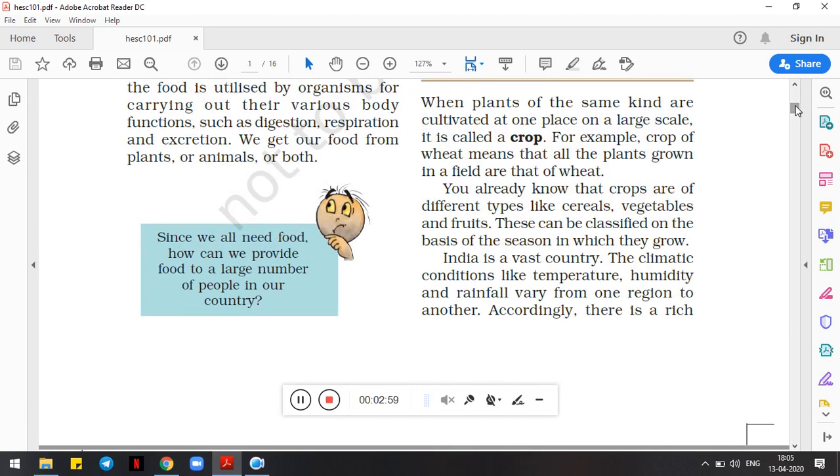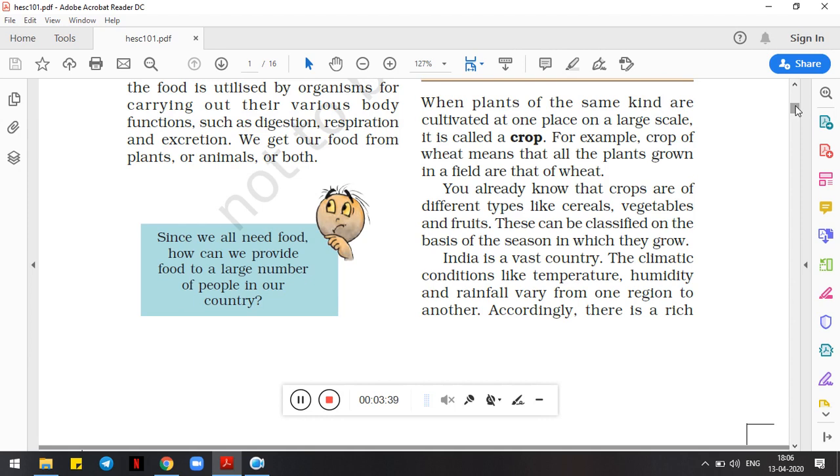Now the crops are of different types like cereals, vegetables and fruits, and they are classified on the basis of the region in which they grow. You have studied so far these crops, cereals are monocots and they provide your basic need of energy like carbohydrates, proteins, vitamins, etc. Now India is a very vast country and climatic conditions like temperature, humidity and rainfall vary from one region to another.